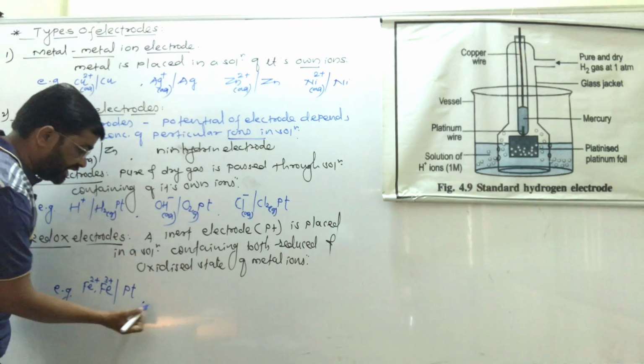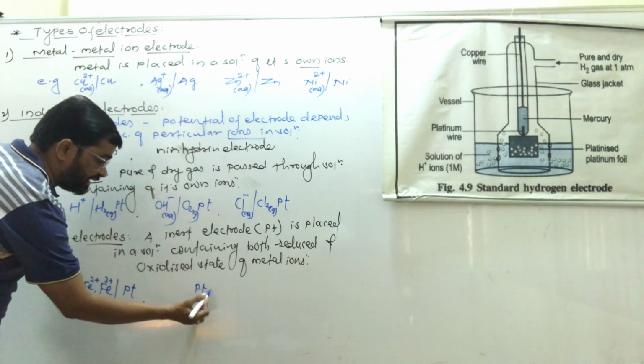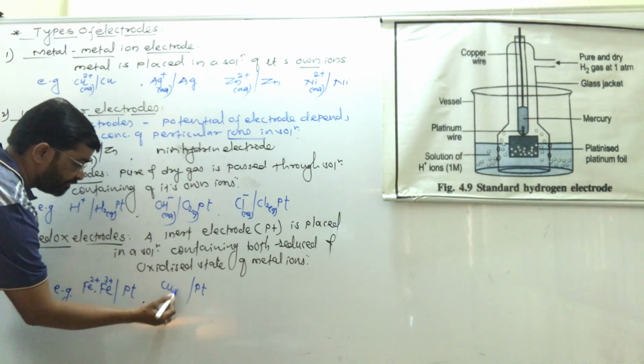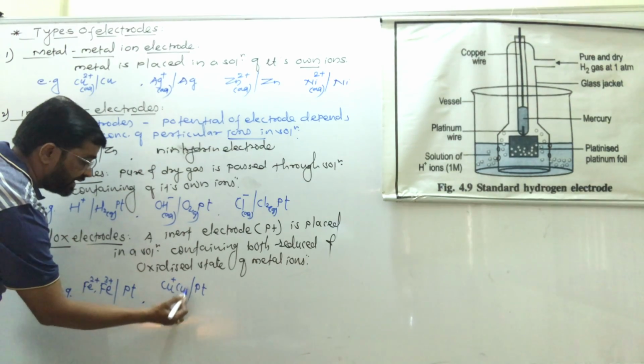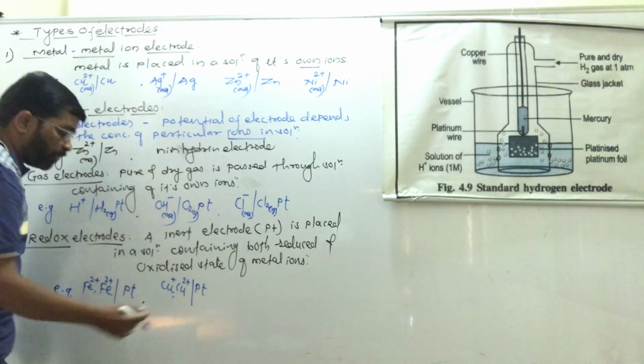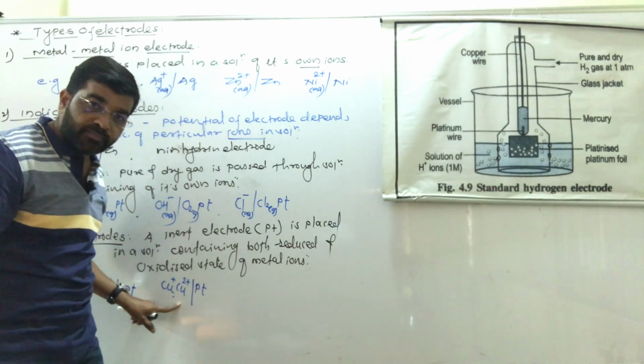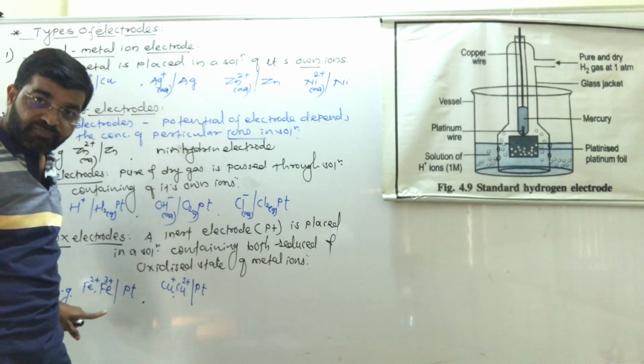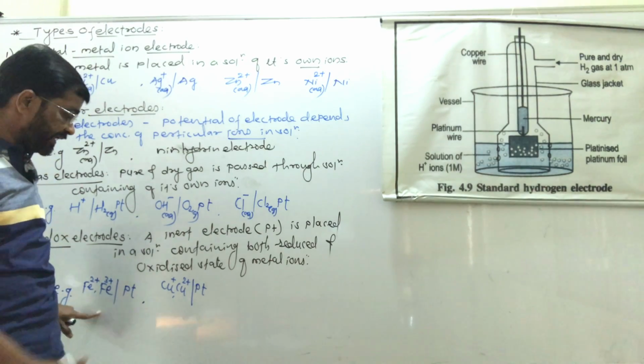Then the next example is platinum placed in Cu+ and Cu2+, that is the cuprous and cupric, ferrous, ferric.